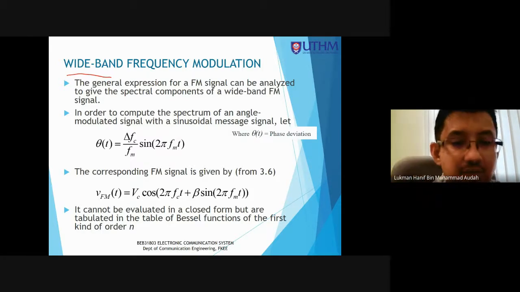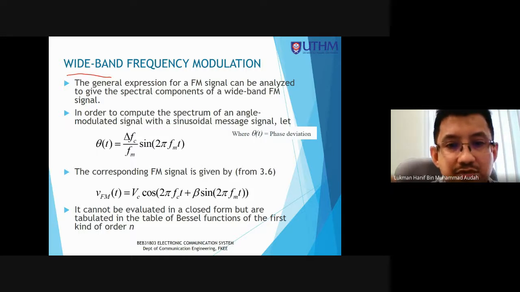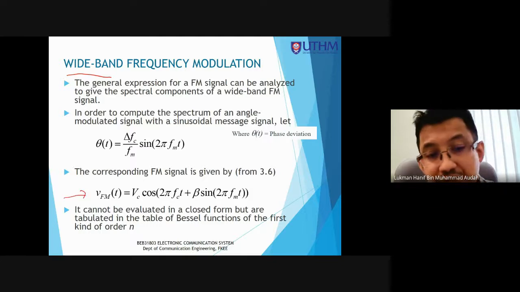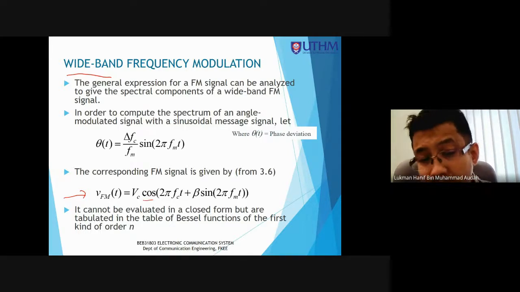Okay. So for the, okay, if you see that here, in order to compute the spectrum of angle modulation with beta F. Okay, so from the general equation here, VC cos, dia menggunakan cos, so tak ada masalah nak guna cos boleh, nak guna sin boleh. But if you use cos, make sure you use VMT also in term of cos, so that easy for you to define the equations.